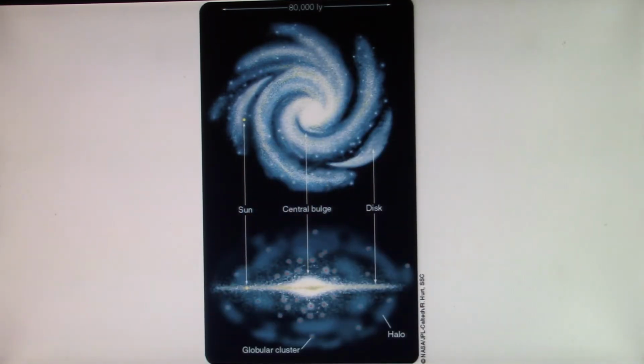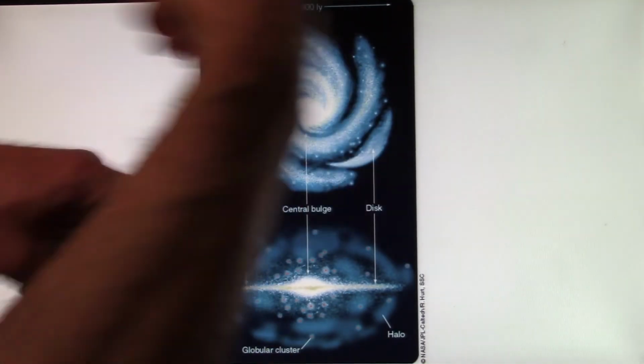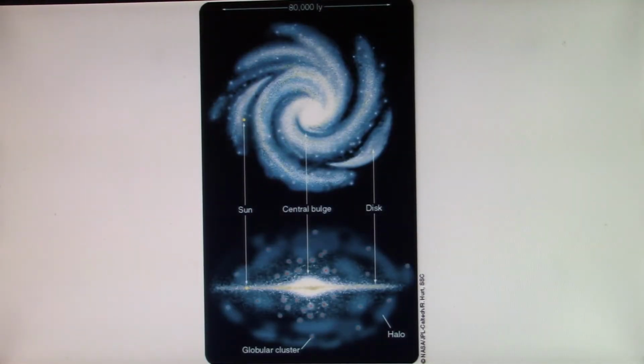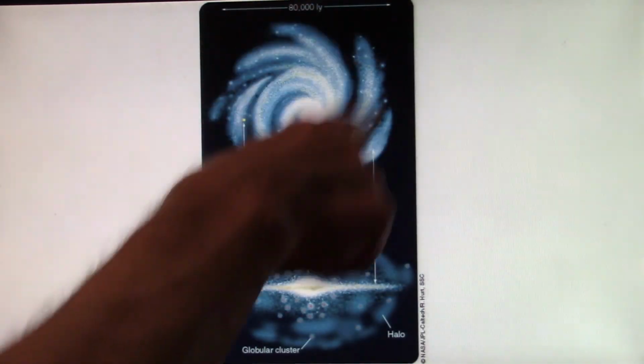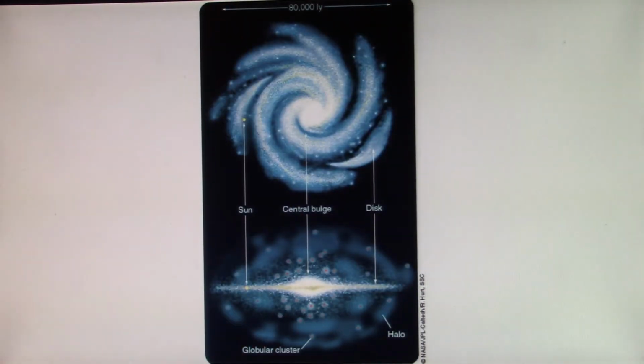That's on the test, but it's a misconception to think this whole thing spins around like a pinwheel. It doesn't work that way. If that was true, these arms would kind of wrap up onto themselves. That doesn't happen. These things maintain their shape for long periods of time, unless they bump into something or get close to another galaxy where the gravity can tear them apart or something like that.